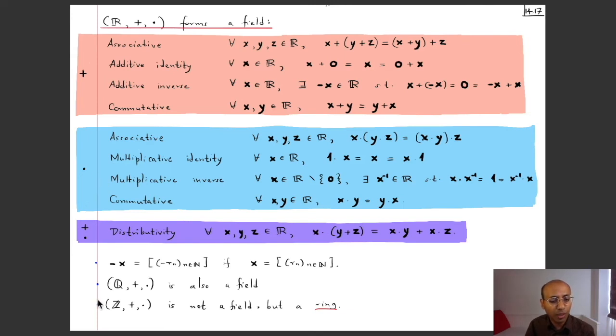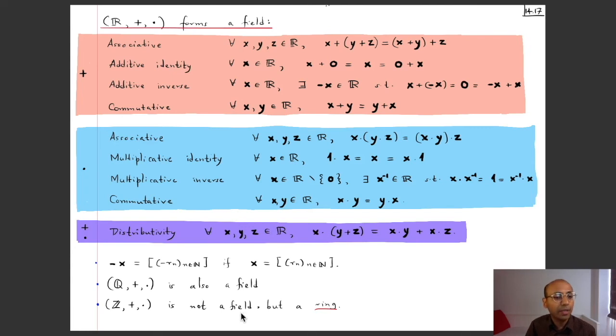Now we also remark that if you look at the set of rational numbers with its operations of addition and multiplication, then that also has the structure of a field. So all of these properties hold for the rational numbers. However, if we look at the set of integers with its operations of addition and multiplication, then that does not have the structure of a field.